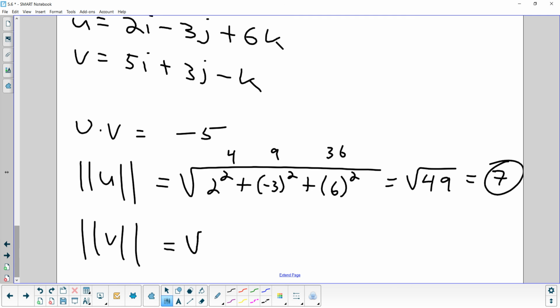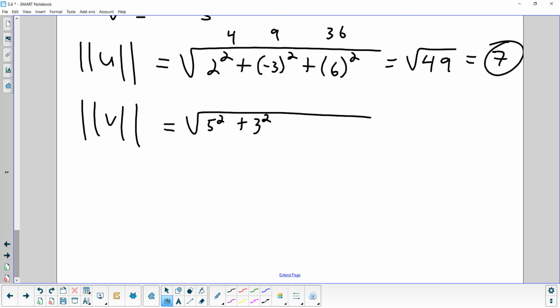Right, and Angie, could you set up my formula to find the length of v? 5 squared, plus 3 squared, plus negative 1 squared.